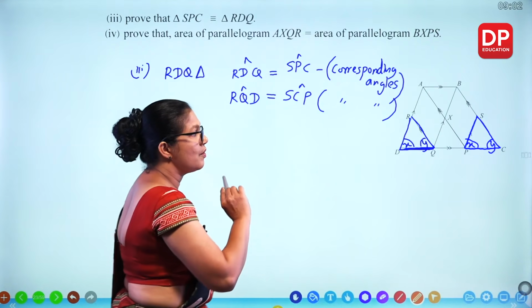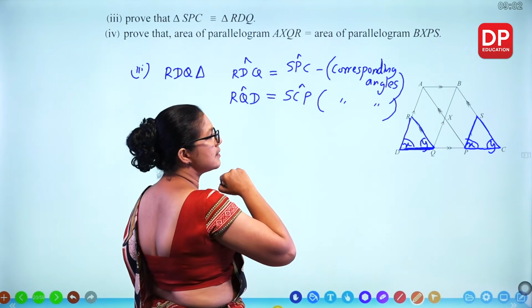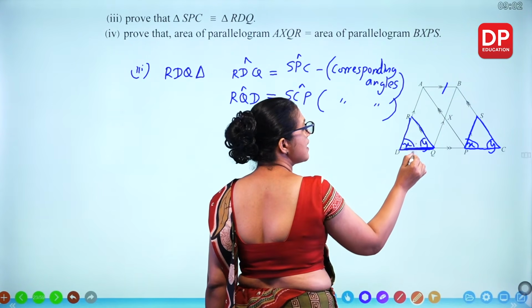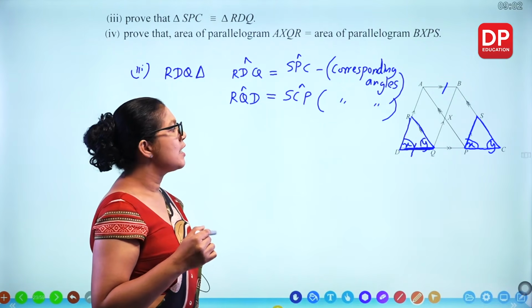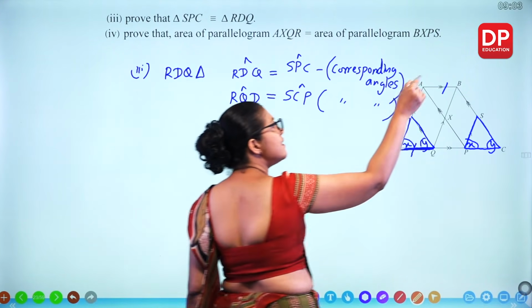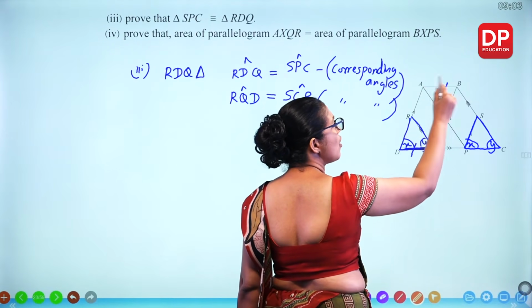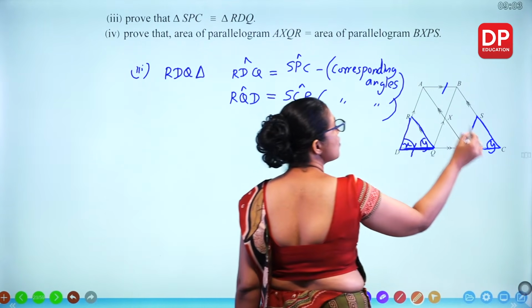Now when you look at these two triangles, this length is equal to this length because this is a parallelogram. ABQD is a parallelogram, so opposite sides are equal. And this length is equal to this length as well because ABCP is also a parallelogram.